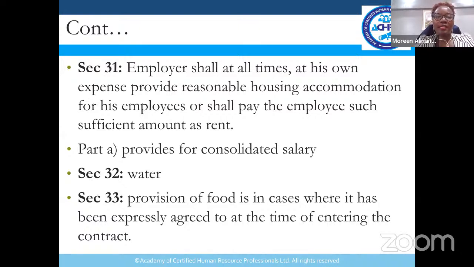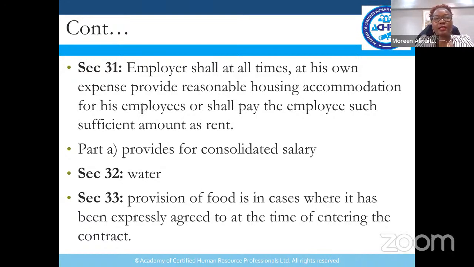So the consolidated salary is assumed to include the housing, okay? It is assumed that the consolidated salary includes the rent, in case you've not been given the house itself.